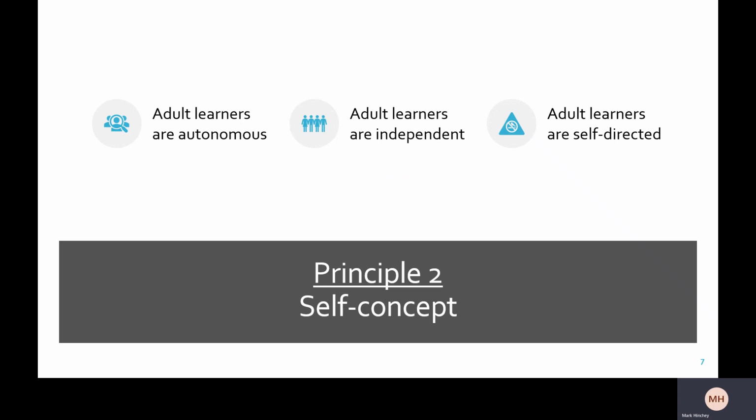Adult learners are independent. So adult learners that we deliver to as course lecturers can move outside of the classroom and work independently. We're wanting to drive this notion, this principle of self-concept within our classrooms when we first deliver to our students information in a course guideline.